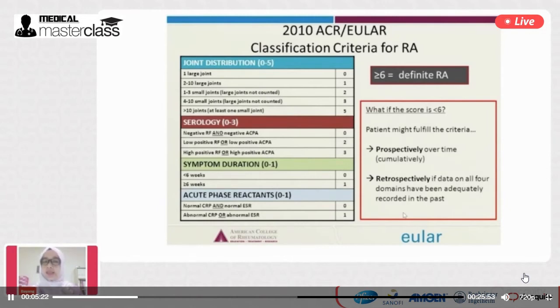Let's say initially the RF is negative, but anti-CCP later comes back as positive, or retrospectively, basically the 4 domains have been adequately recorded in the past. So it still can be diagnosed as rheumatoid arthritis.